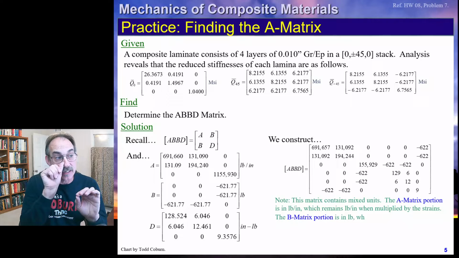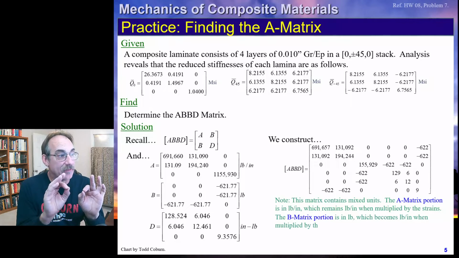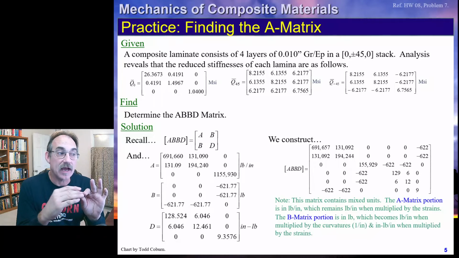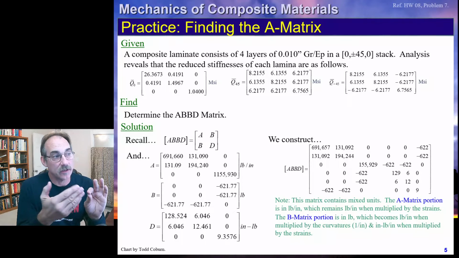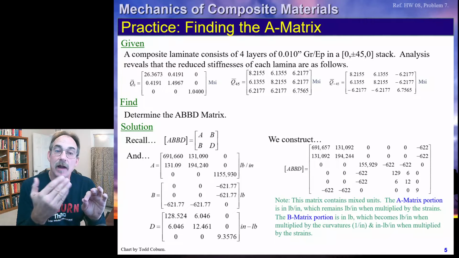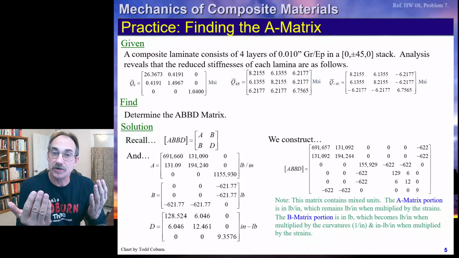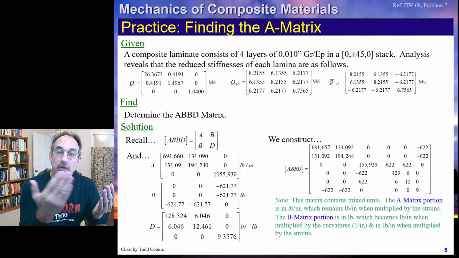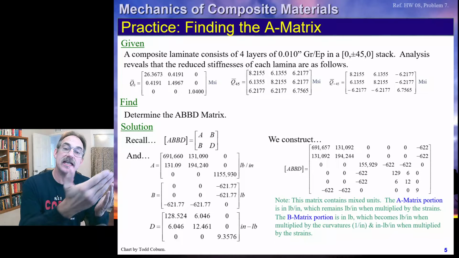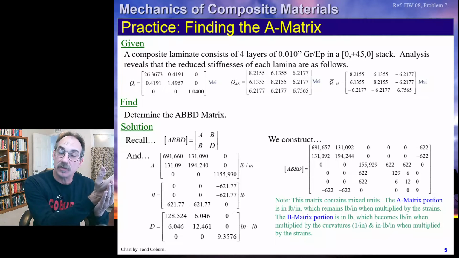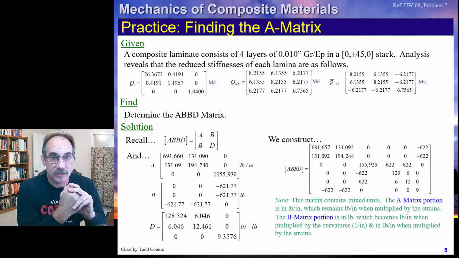Now the B matrix was given in units of pounds. Now we've got two B matrices: the upper right B matrix and the lower left B matrix. The upper right B matrix is in units of pounds, and it gets multiplied against the curvatures, 1/inches. So when we take units of pounds, multiply by 1/inches, we end up with pounds per inch, and this is going to contribute to those running loads, pounds per inch, in the first 3 entries of our loading matrix.